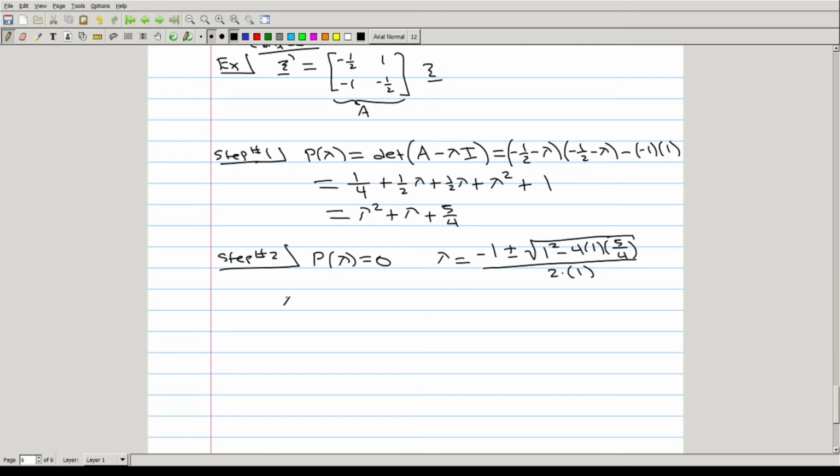So the eigenvalues will be negative 1/2 plus or minus 1/2 times the square root of 1 minus 5, which is negative 1/2 plus or minus the square root of 4 times I, because we have the negative value under the square root.